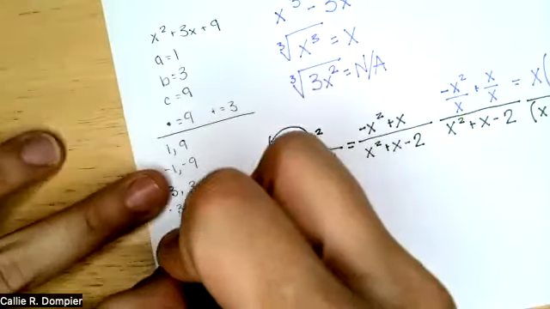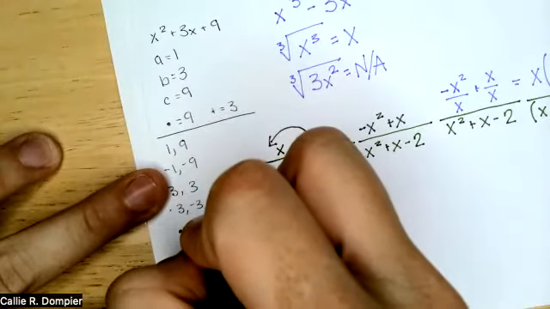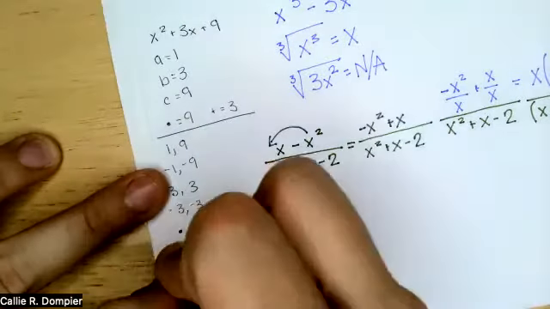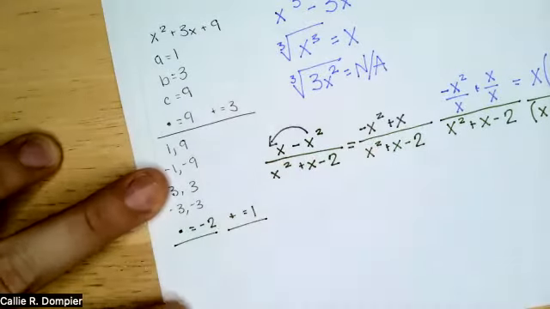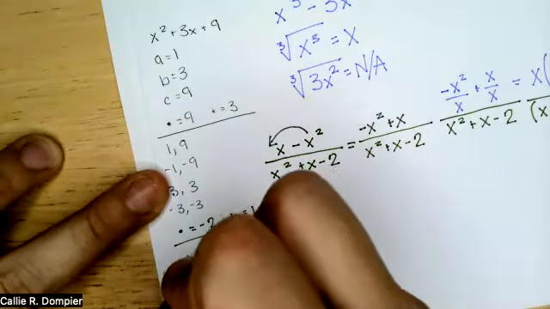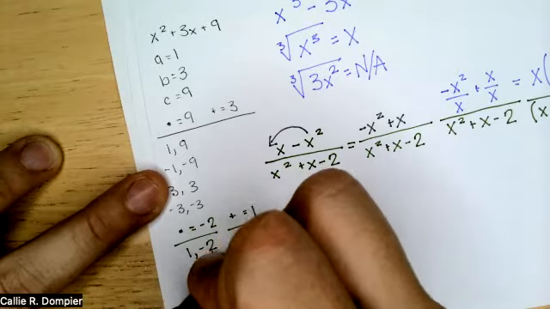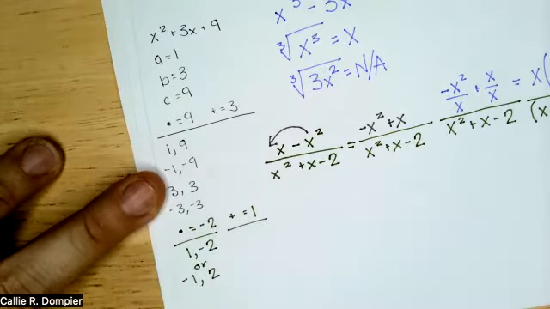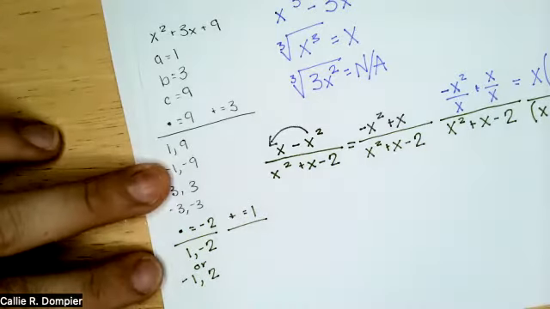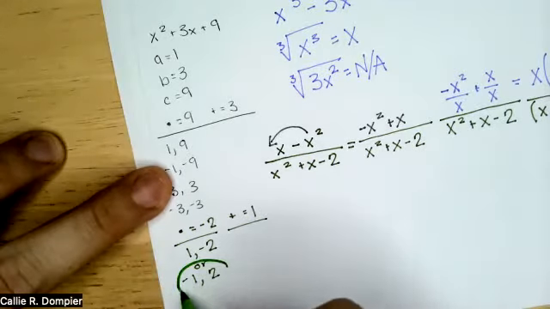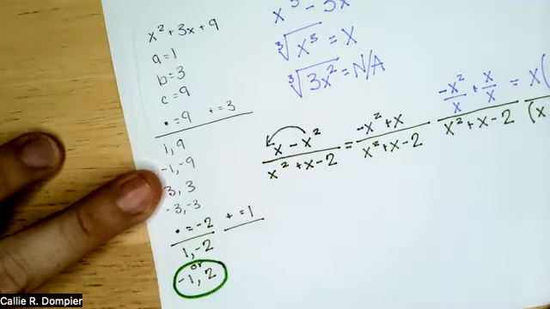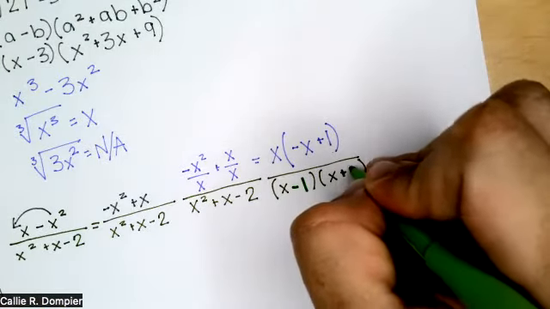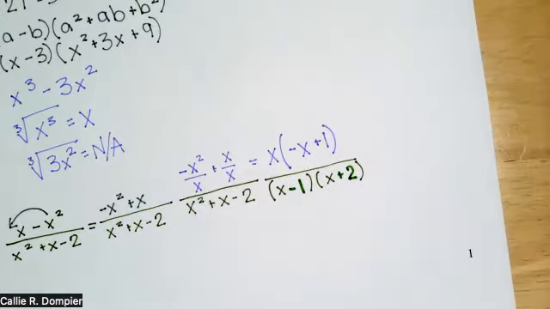So we need it to multiply to equal -2, and we need it to add to equal 1, because -2 is our C and 1 is our B. So the factors of -2 are 1 and -2, or -1 and 2. Which one would add to 1? -1 and 2. So now we have x minus 1, x plus 2.